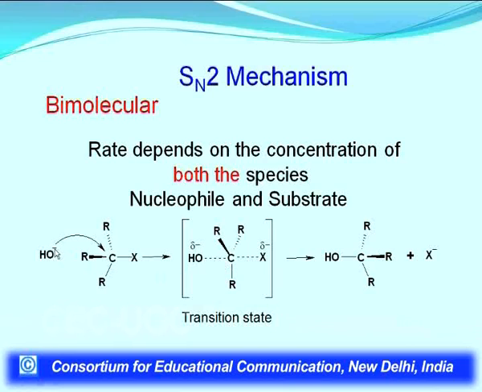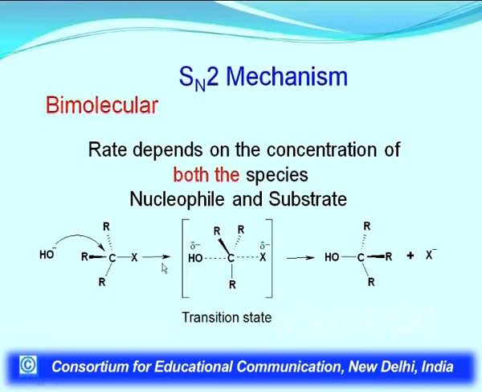Since this pair of electrons, or we can say this negative charge, has now partly formed the bond with this carbon, the negative charge on this oxygen is reduced, and these electrons have been taken up by the leaving halogen. So, this halide ion has acquired a partial negative charge.